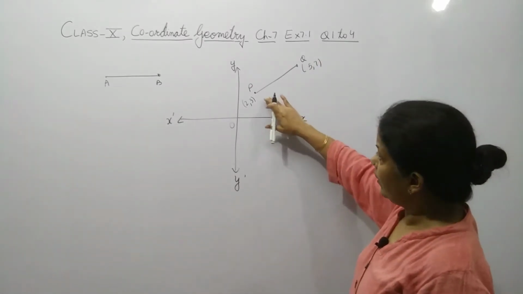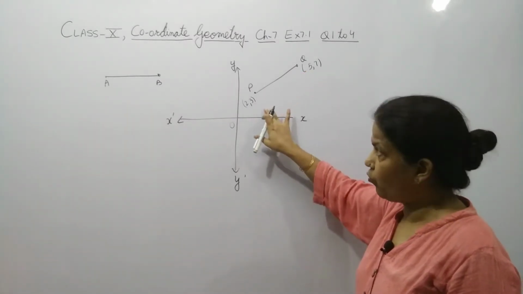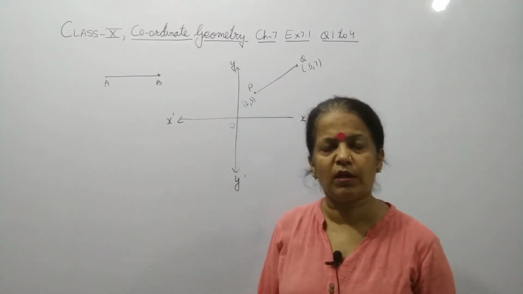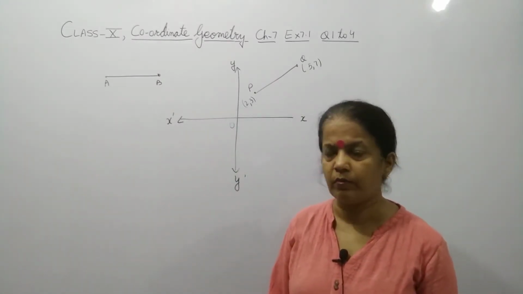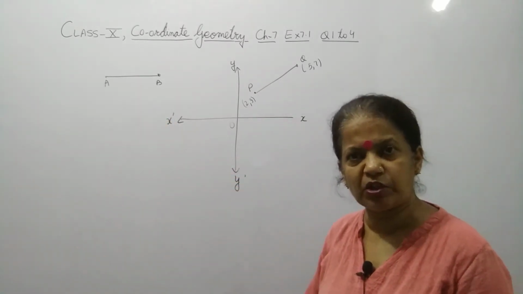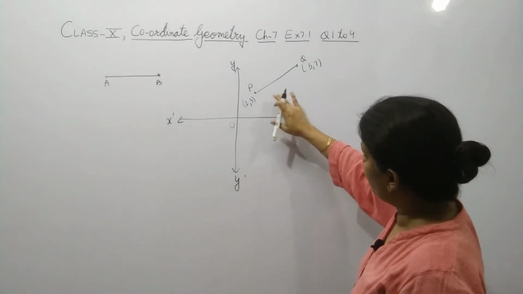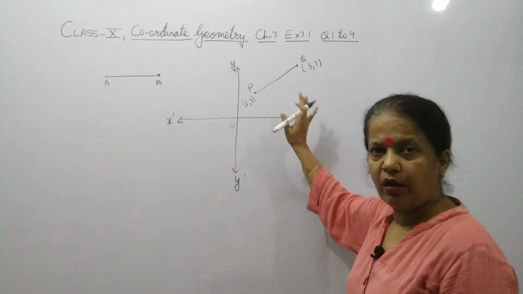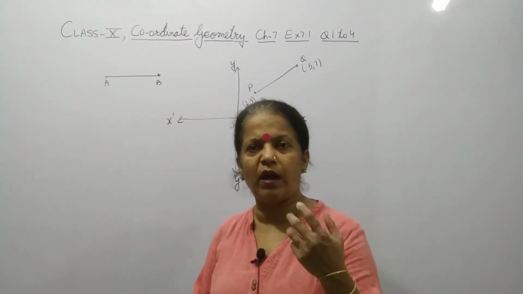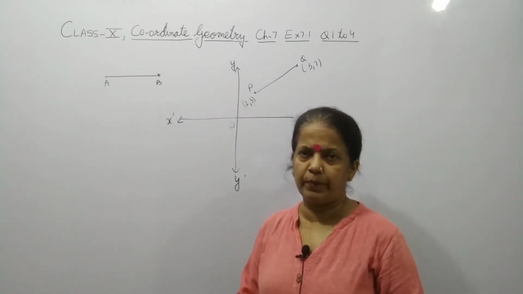Now tell me, if you have to find out the distance between these two, if the coordinates are there, are we able to find out the distance between these two by using the measuring scale or the measuring tape? If the coordinates of 2 points are there and you have to find out the distance between these two, we can't find out its distance with the help of the measuring tape.